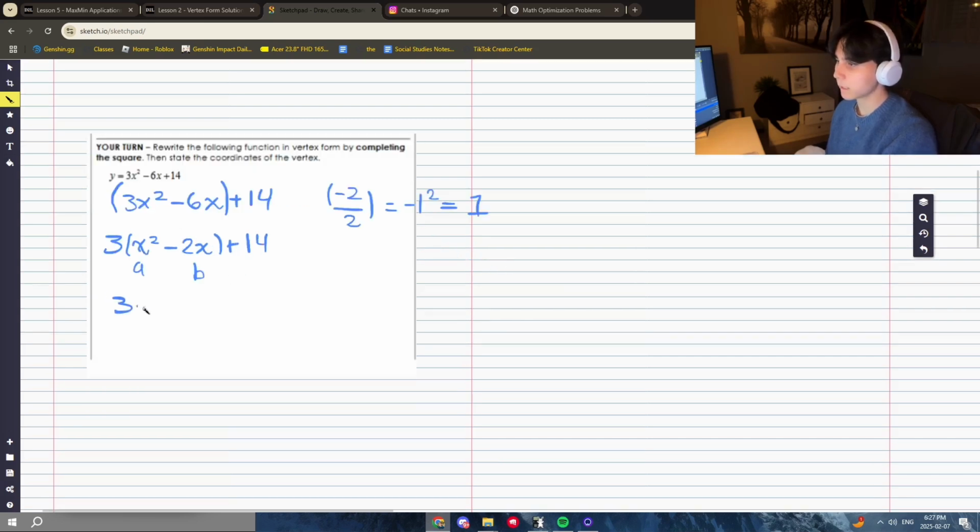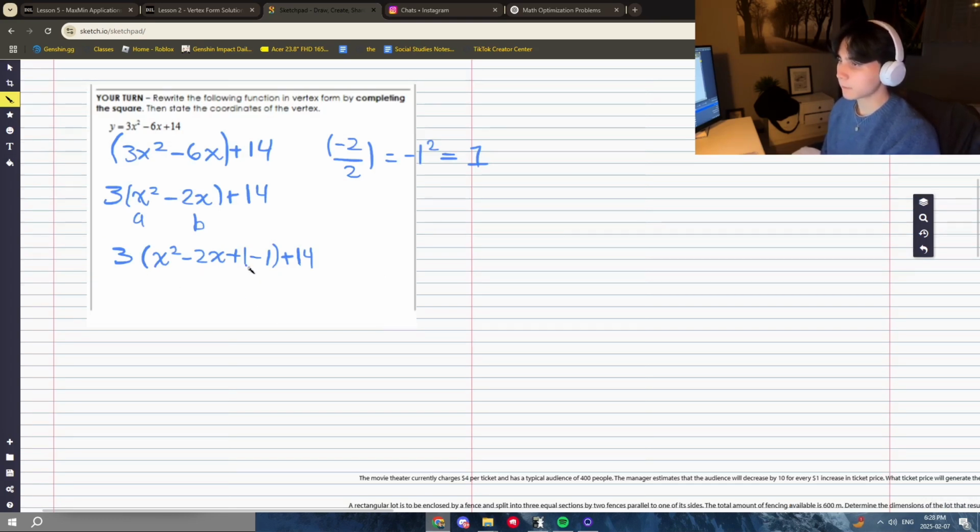So inside the bracket, we're going to create a perfect square trinomial. So we have plus 1, which we got as our c value. But since we can't just add random numbers, because then it would shift everything, we have to cancel out the 1 that we just added by subtracting a 1. This is a rule that you guys are going to have to follow.